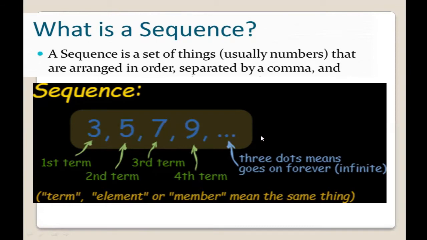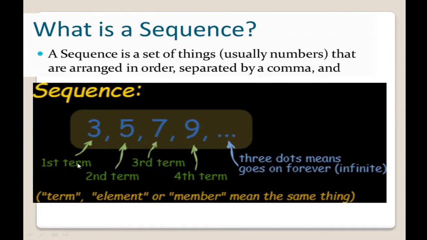In sequences, usually we don't say number. We say the term: first term, second term, third term, fourth term, and so on. What do you mean by these dots? The dots mean there are infinite numbers present according to this sequence.